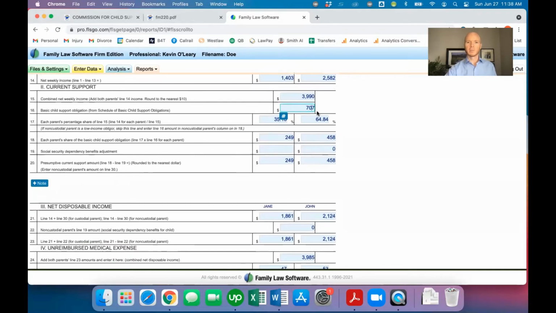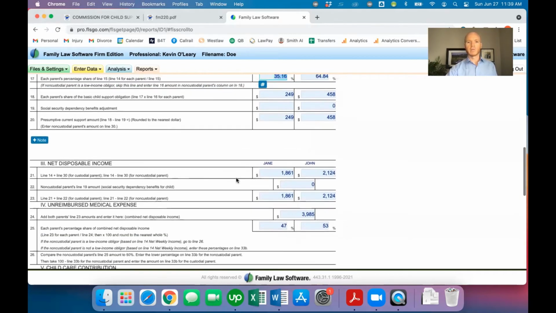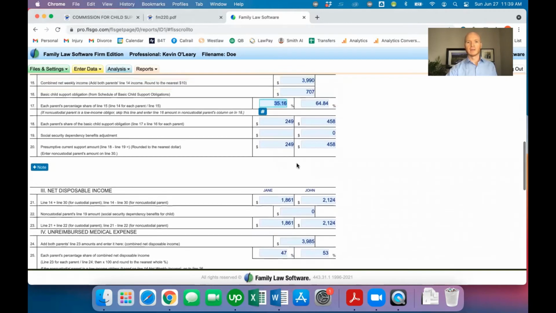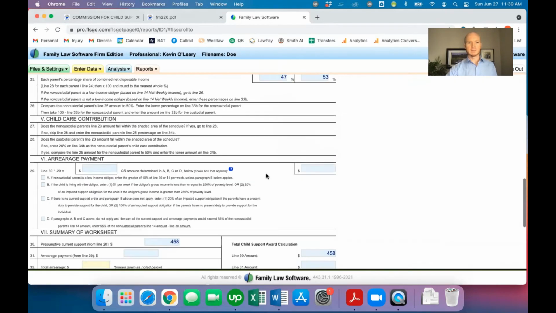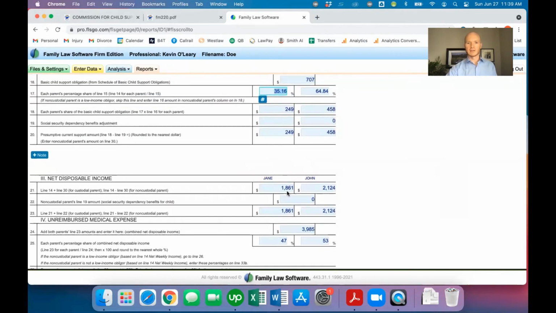How that is determined is the court will look at each parent's percentage of the net weekly income after child support is paid. So again, this is the pre-child support net weekly income, but the court will then calculate, okay, after Jane receives the $458 per week in child support, this is Jane's net weekly income, and this is John's net weekly income.